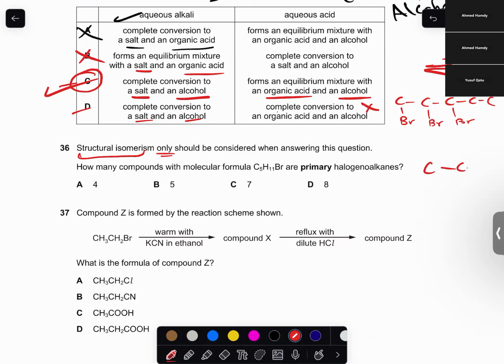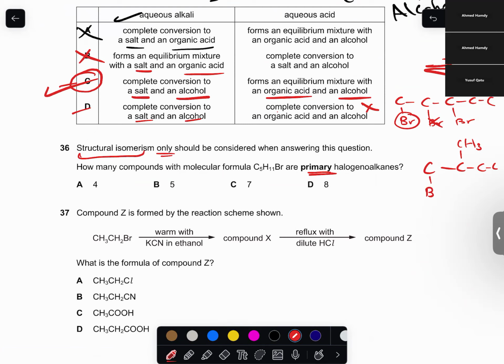Or we can add one of the methyl groups here, and we put Br. We need a primary halogenoalkane, so this one is not a primary halogenoalkane. We can have this one, which is a primary halogenoalkane. We can make it like this and put Br here; it could be a primary halogenoalkane.